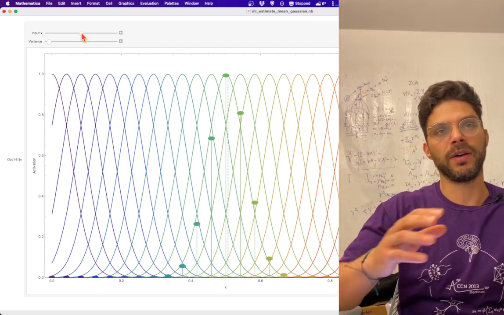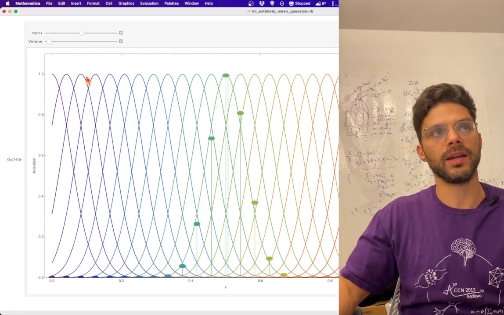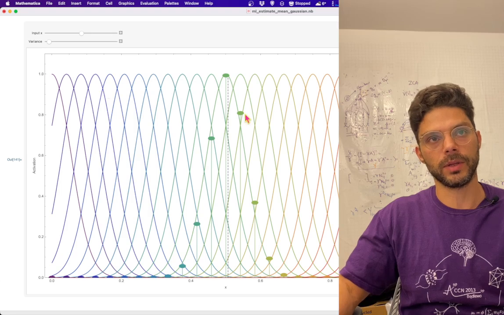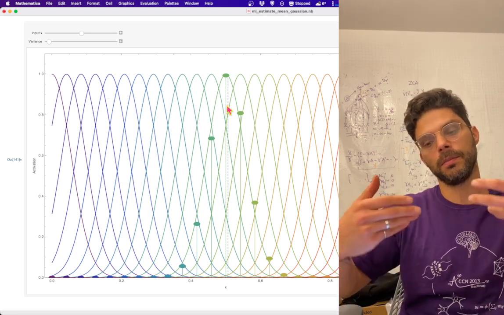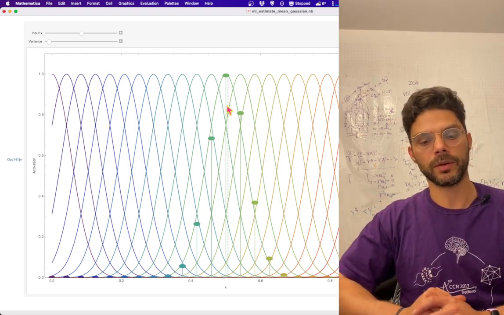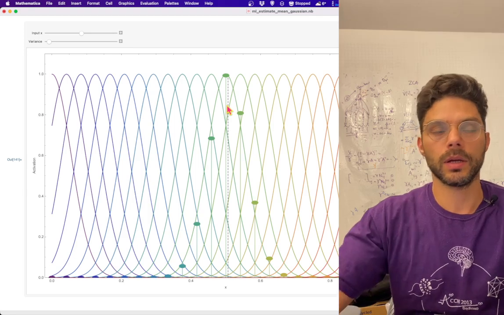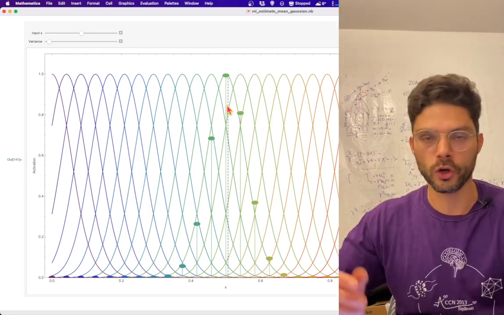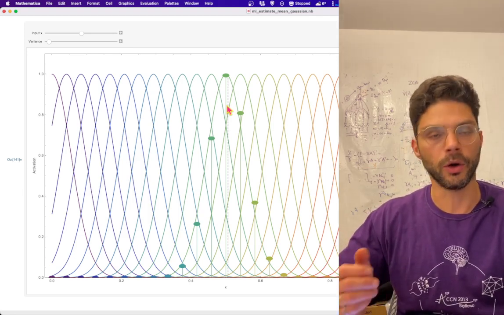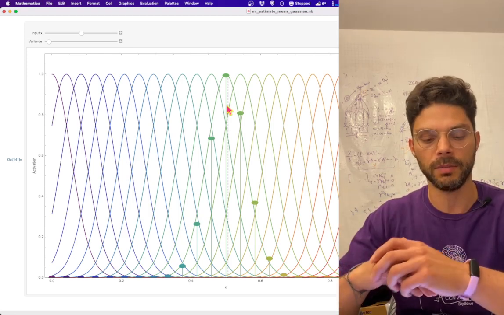You're going to have to find a weighting of all of these responses to produce the outputs you're after. Okay, so that was just to show you what it would mean to actually encode things with 24 Gaussian basis functions.